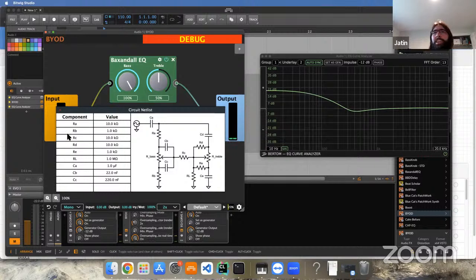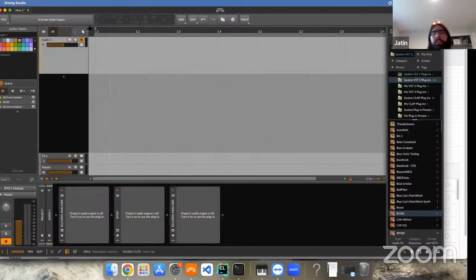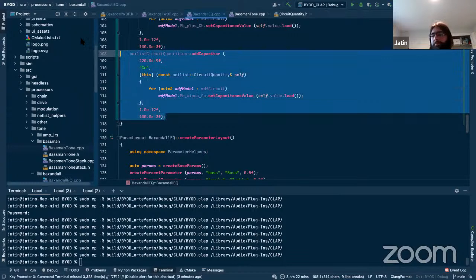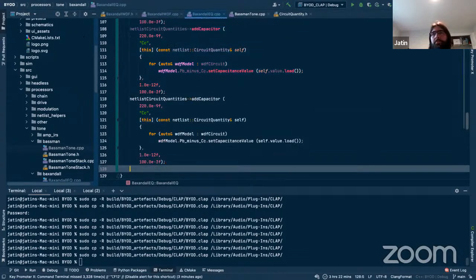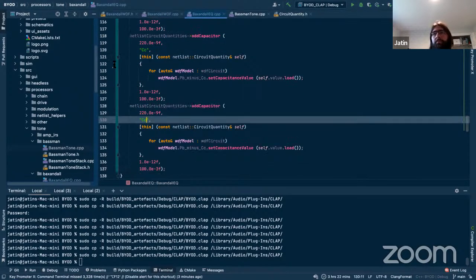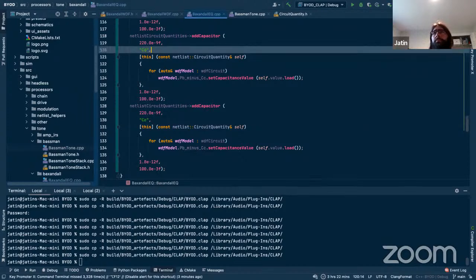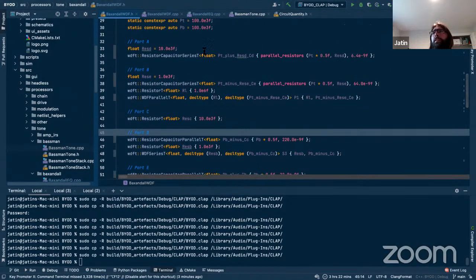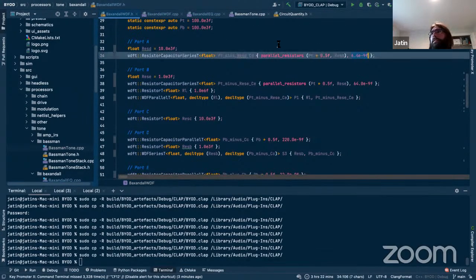Neat. All right, so now we've just got CD and CE remaining, and that will take care of the rest of our net list here. CD is 6.4 nano.